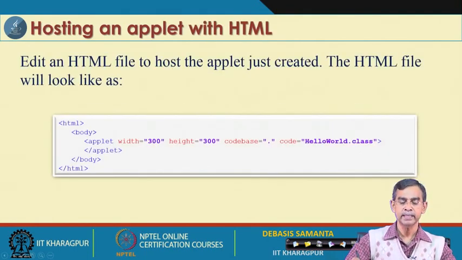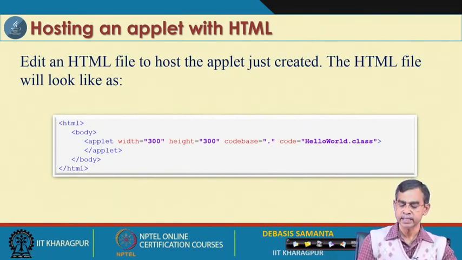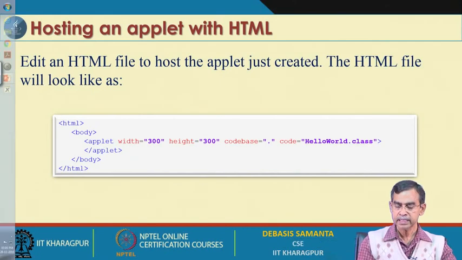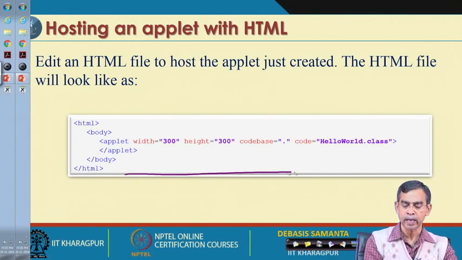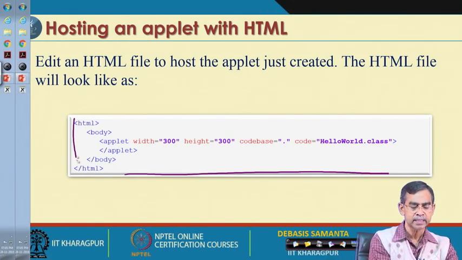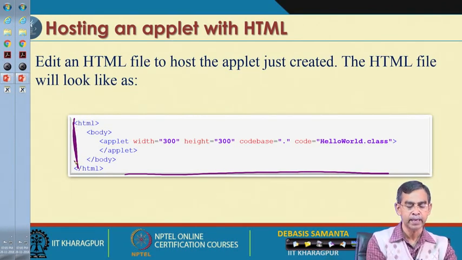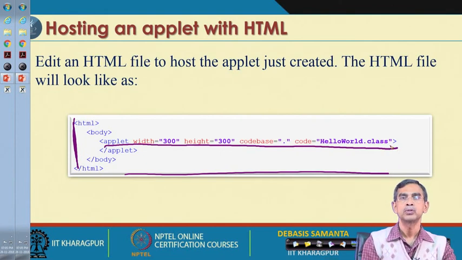Now, this class file needs to be embedded, and to do it we should write an HTML file. This is what an HTML file will look like, with this typical structure, and then the applet code, which is used to embed the file HelloWorld.class.